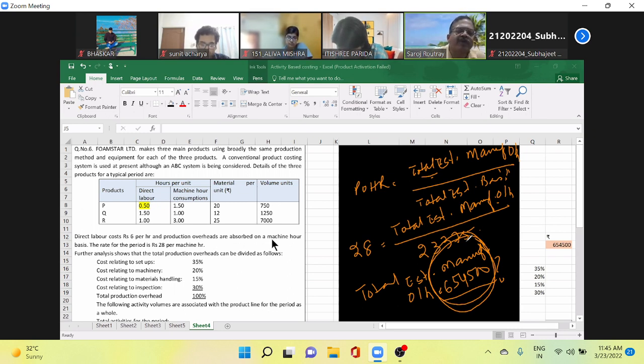In this question, there are 4 activity pools: setups, machinery, material handling, and inspection. So this 6,54,500 will be divided in this ratio: 35%, 20%, 15%, 30%. So how much will it be for setup?